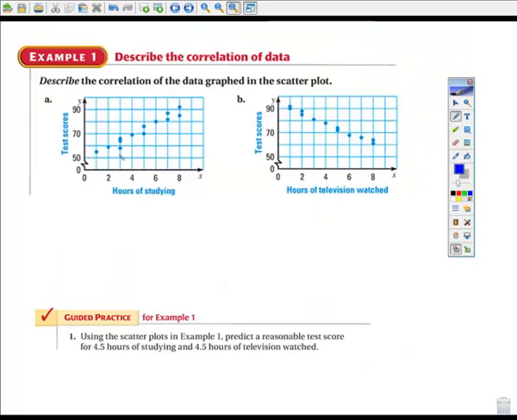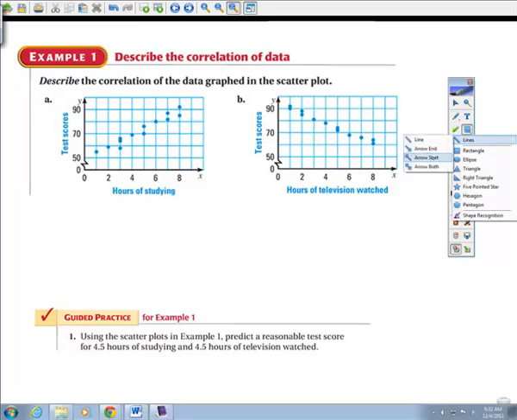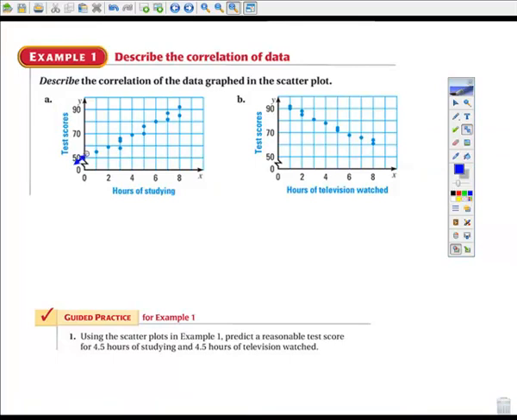Here, they're giving you an example of two scatter plots and two sets of data. First, we have the independent variable, the hours of studying, and the dependent variable, the test scores. And this looks like there's a positive relationship here. And it looks like we could quite nicely put a line right through it.